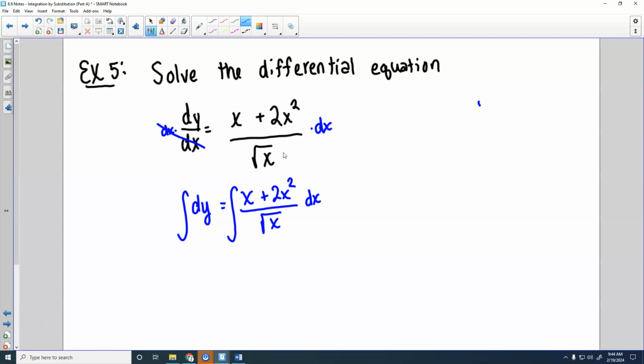What can we use for our u here? If I use the top, I'm going to get 1 plus 4x. That's not anywhere. And I can't add in stuff like that that has variables in it.